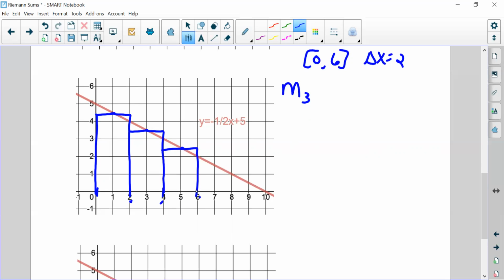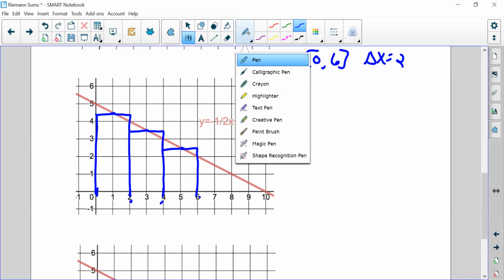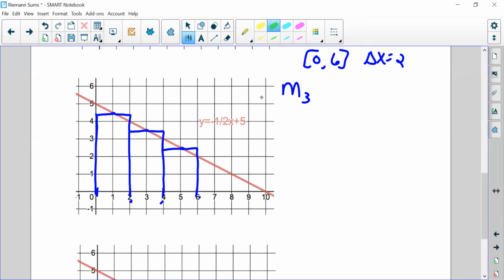So the midpoint is the midpoint of each rectangle's interval. That's what that midpoint stands for. You find the midpoint of each rectangle.